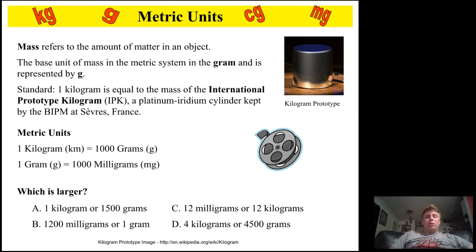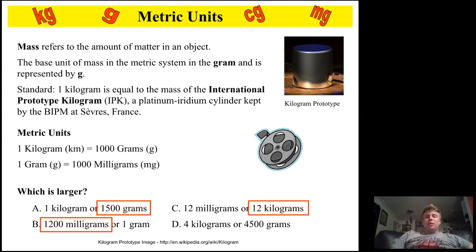If we compare which one is larger, let's take a look at letter A. 1 kilogram or 1,500 grams. If you said 1,500 grams, you were correct. Now let's compare 1,200 milligrams to 1 gram. If you said 1 gram, you are correct.